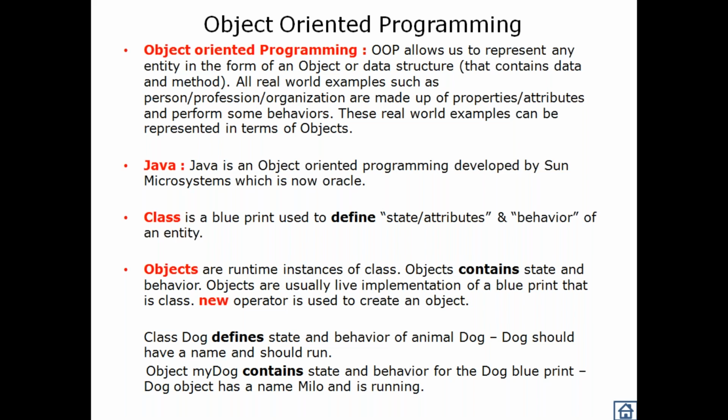In object-oriented programming, the approach you take is quite different. It is more relatable to the real world. You can actually relate it to what happens in the real world. In my opinion, object-oriented programming is the closest you can get to the real world. It is the best computer simulation of real-world problems and real-world examples.